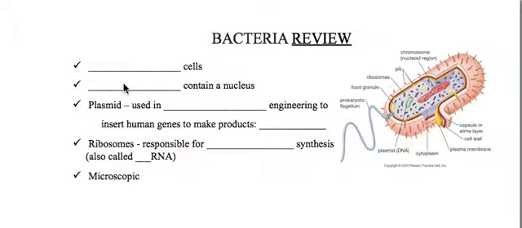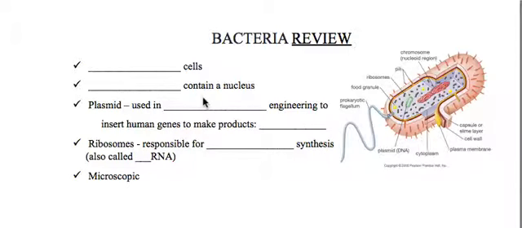So the words "do not" go in the blank. And as you can see in this picture here, you have genetic material, there's DNA, but there is no nucleus in this cell because it is prokaryotic and it is simple. It doesn't have one.